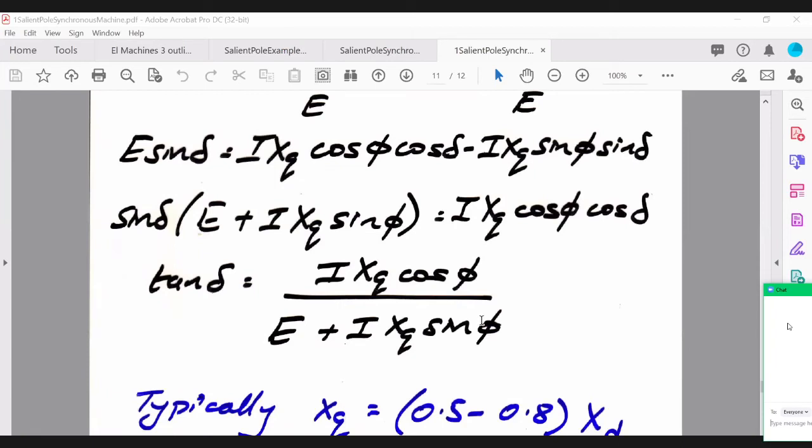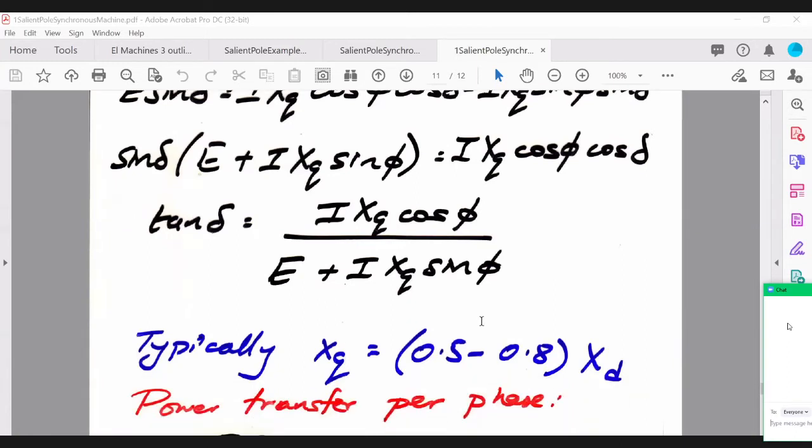Now, as discussed in the previous lecture, XD and XQ are different. As I said, it's due to the non-uniform air gap in a salient pole machine, and armature reaction is different along the pole axis and the interpole area.